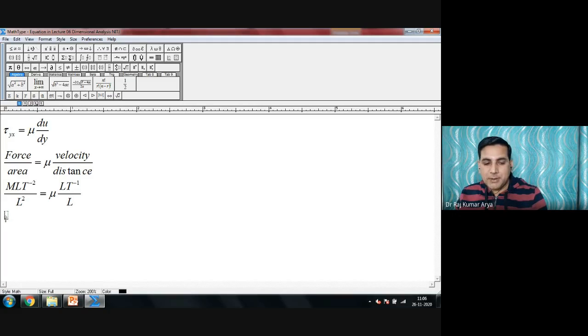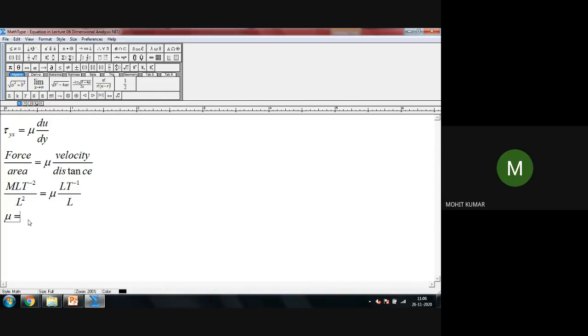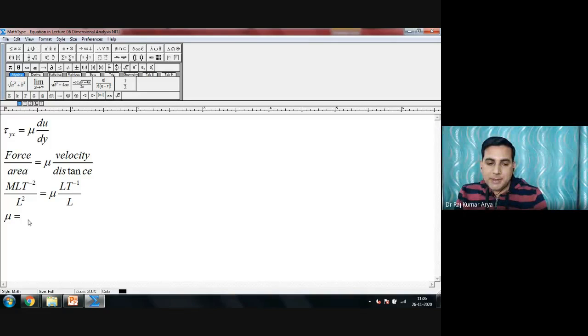If you solve it, L will get cancelled, and you will get T minus 1 here. So what will come? You are getting M L minus 1 T minus 1, right? This is the dimension of your viscosity. If you want to write a unit, it will be kg per meter per second, right? That's called Pascal second.